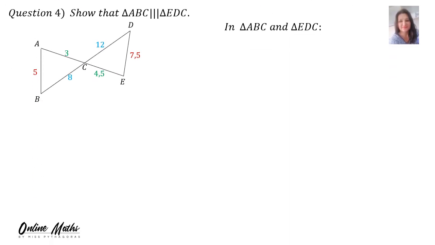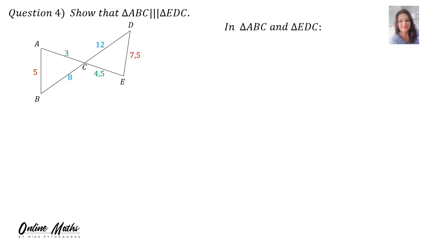Question 4 wants us to show that triangle ABC is similar to triangle EDC. So we'll start with in triangle ABC and triangle EDC, the following is happening. Now remember, usually when we want to prove that two triangles are similar, we need to prove that three angles are equal.